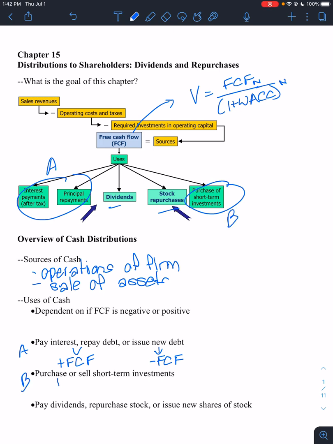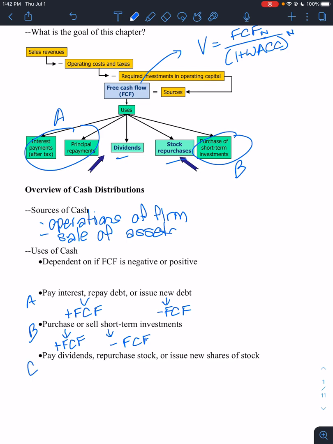Now I would purchase short-term investments when I have positive free cash flows. I would sell short-term investments whenever I needed to cover the gap, right? Because I would sell those short-term investments and that would generate some cash to cover a negative free cash flow, okay?